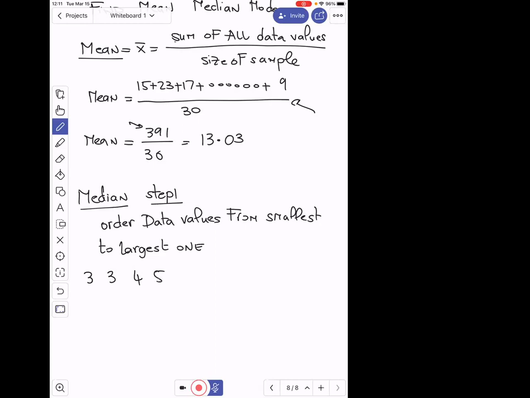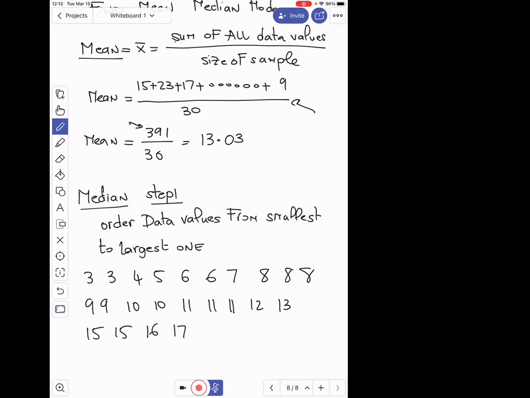Then there are 2 6s, and then 7, only one 7. Then 3 8s, 2 9s, 2 10s, 3 11s, and 1 12, 1 13, 2 15s, and then 1 16, 1 17.